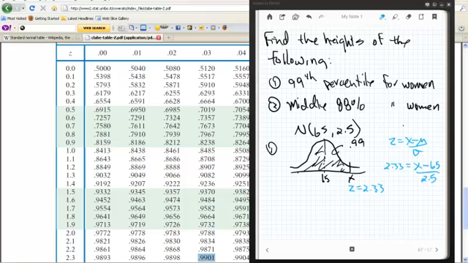If I multiply through by 2.5 and add 65, so 2.33 times 2.5, and then add 65, guess what? 70.825. So a woman who is approximately 5'11", closer to 5'11" than to 5'10", is going to be in the 99th percentile for heights. Isn't that cool?